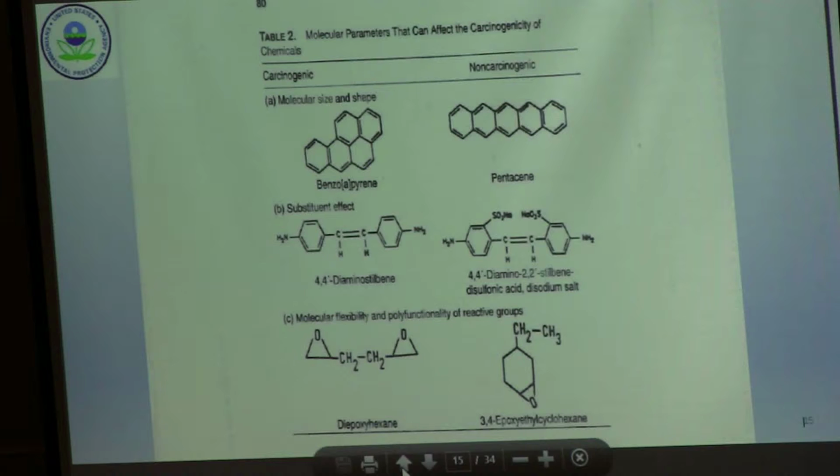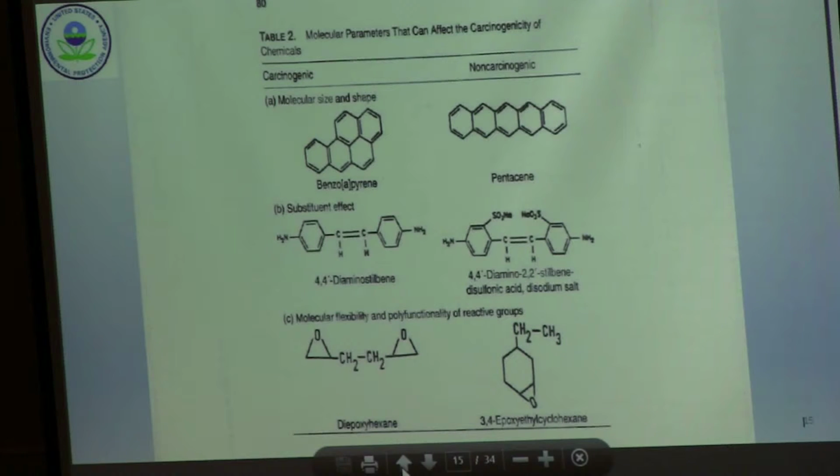On the other hand, all the non-carcinogenic PAHs have structures that are highly elongated or highly symmetric. So while this one is carcinogenic, this one, which is highly elongated, is not carcinogenic.